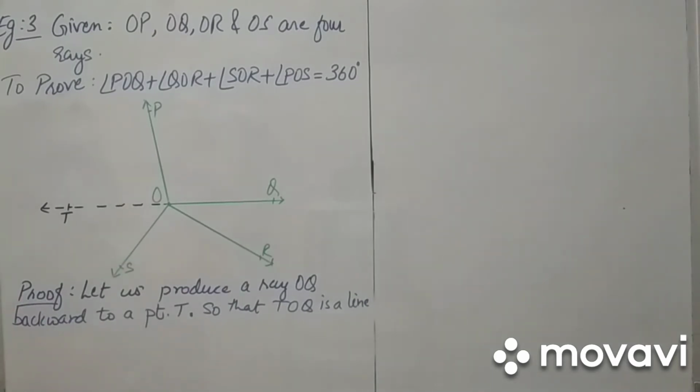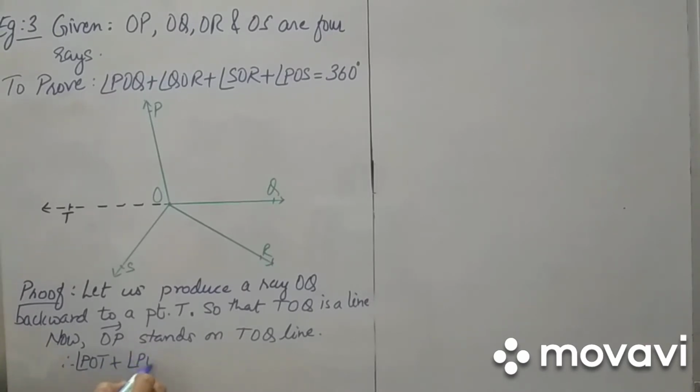Now, what will we write? First step: ray OP stands on line TOQ. Therefore, we can write angle POT plus angle POQ is equal to 180 degrees, because of linear pair axiom.